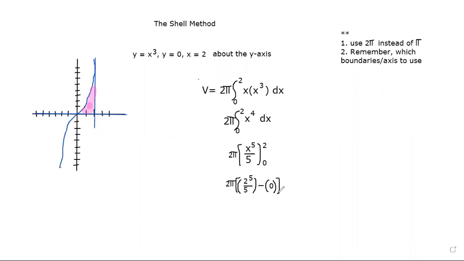Okay, and now 2 to the 5th power is 32. So we have 32 over 5.